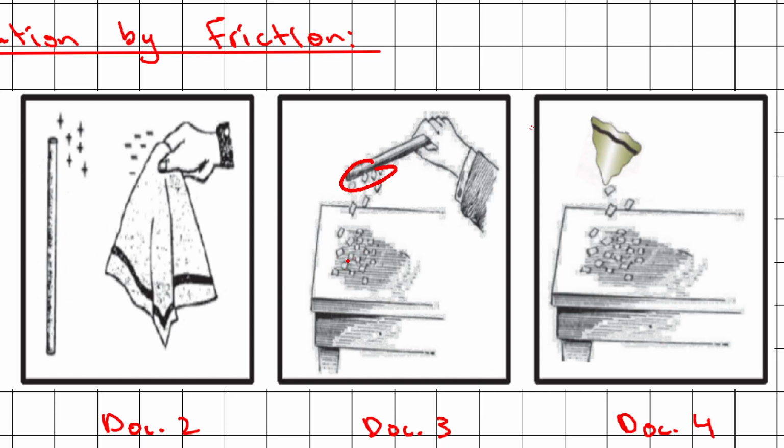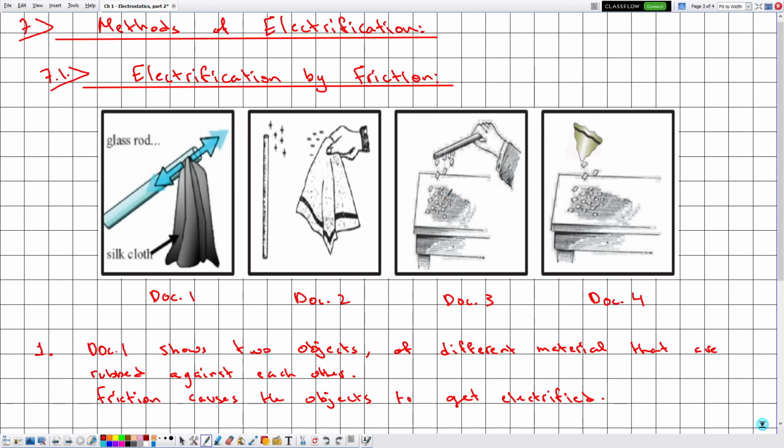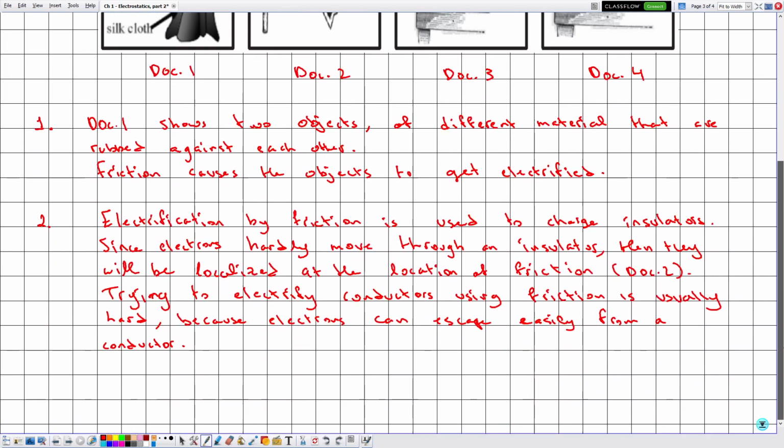And the thing is that these papers should be small in order for the electric force which is exerted by the rod to cancel the effect of the weight. So by attracting these small papers, this is an evidence of electrification by friction.